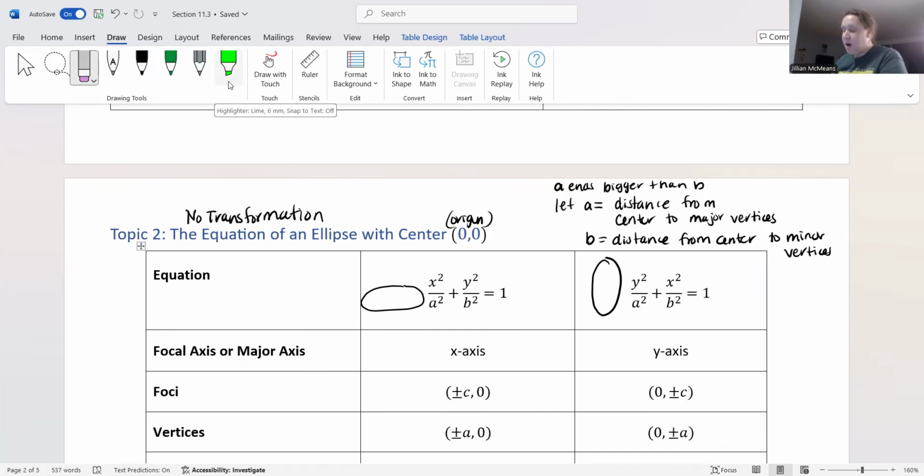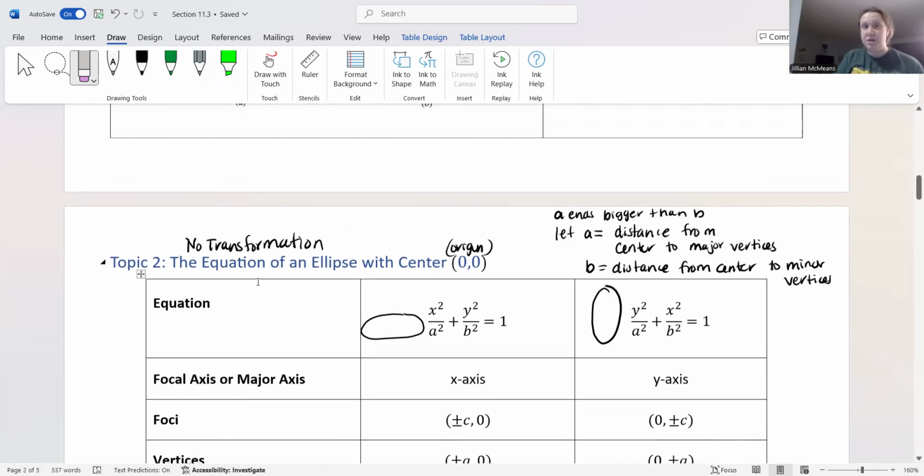Now, when it comes to figuring out the major and minor axis, when you have an ellipse centered at the origin, the major and minor axes are going to be the x and the y axis. And then the foci are always going to be pretty easy to find. They're going to be points on the x or the y axis. So what we do is we have to calculate what c is. Remember, we have this Pythagorean relationship.